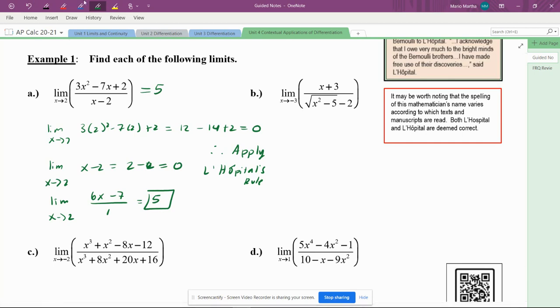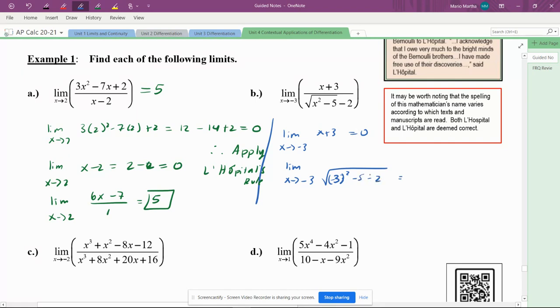And then we do part b. We're going to do the limit as x approaches negative 3. First, if we plug it into the top, the limit as x approaches negative 3 of x plus 3 is obviously equal to 0. And then the bottom, the limit as x approaches negative 3 of the square root of x squared minus 5, minus 2.